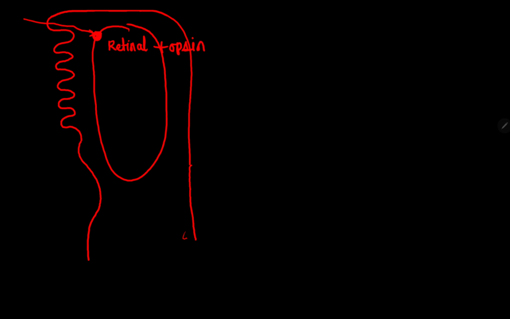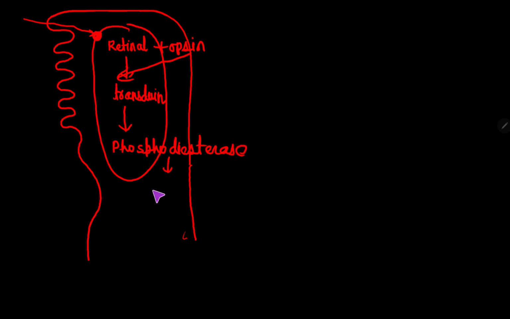Now this opsin activated transducin, this transducin activated the enzyme phosphodiesterase, and this phosphodiesterase broke all the cyclic GMP. When they broke all the cyclic GMP, entry of sodium ion and calcium ion was stopped.